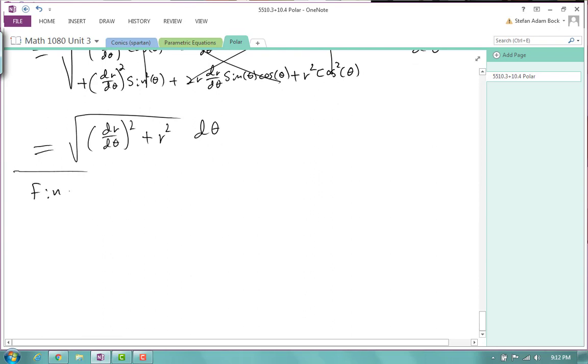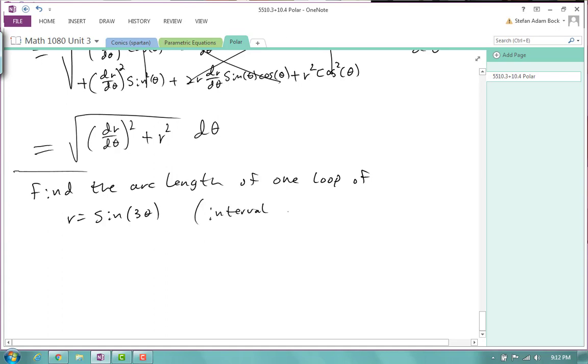So I want to find the arc length of one loop of r equal to sine of 3 theta. What I got out of that is this interval, 0 up to, not 3, but pi over 3.